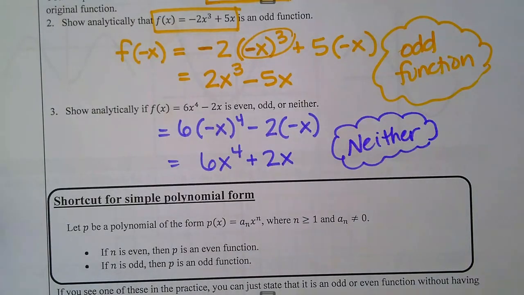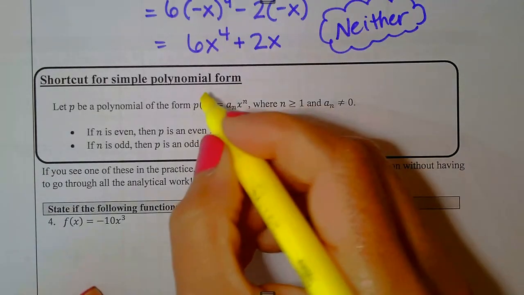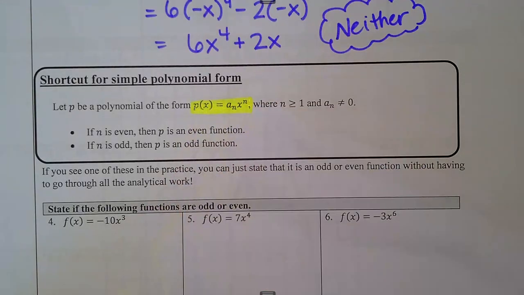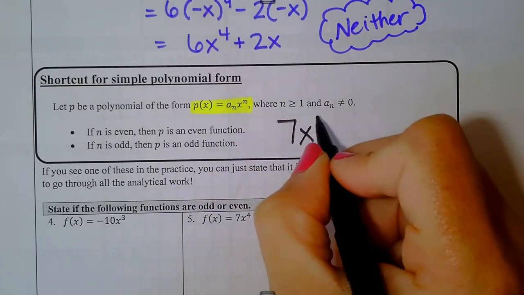One last thing. There's a lot of mumbo jumbo here. Essentially, what this says is you have a polynomial in this form. Here's an example: a whole number like 7 and then x to the 5th power.